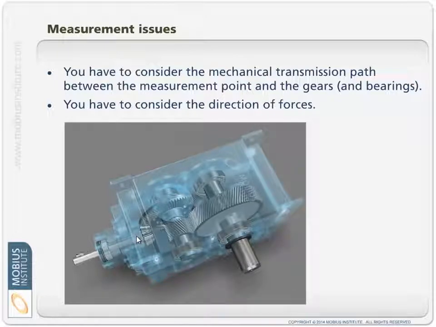So you ideally need to know about your gearbox, the actual internal design. But whatever the case is, it's not a bad idea to start by taking measurements at multiple points and reviewing those measurements to see what sort of data you've got, and just see what you can see in that data. Make sure you can pick up the gear mesh peaks and so on that we'll talk about a little later.